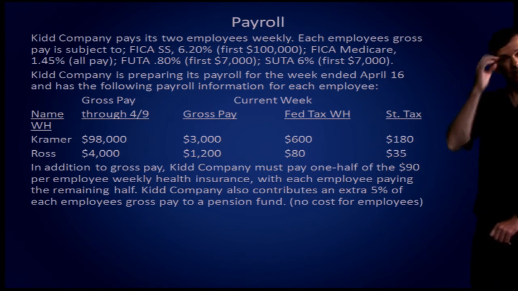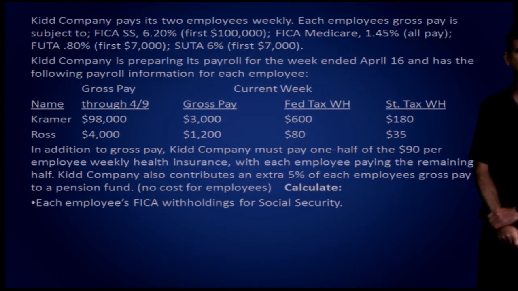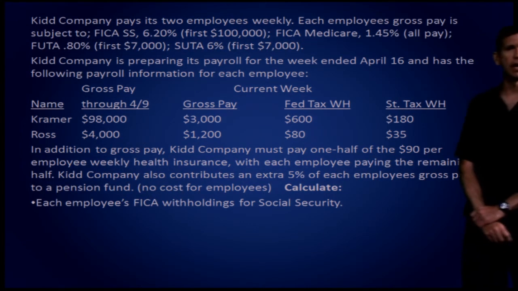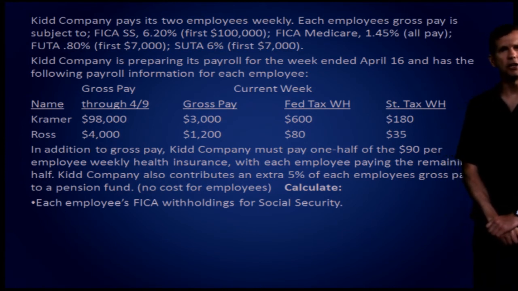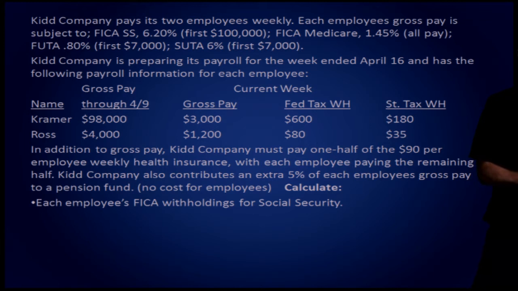Okay, a lot to dissect here, and we're going to just do this a little bit at a time. So let's go to the first thing we want to calculate. First thing we want to calculate is each employee's FICA withholding for Social Security. On FICA, the employee pays their FICA for Social Security, and the employer matches it.